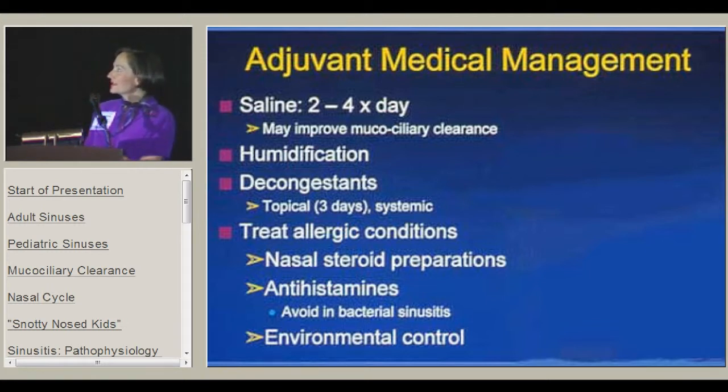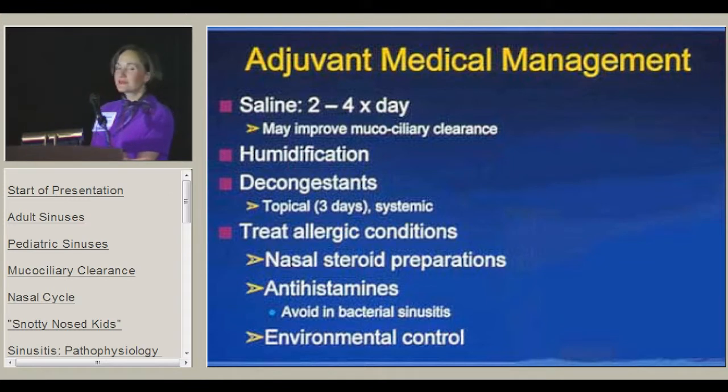Using decongestants is a little controversial. Most of the review studies show that it's not very helpful. I have to say I was trained to use decongestants, and I use them typically topically for a couple of days to help improve drainage, but that frankly has not been completely proven in good meta-analyses.